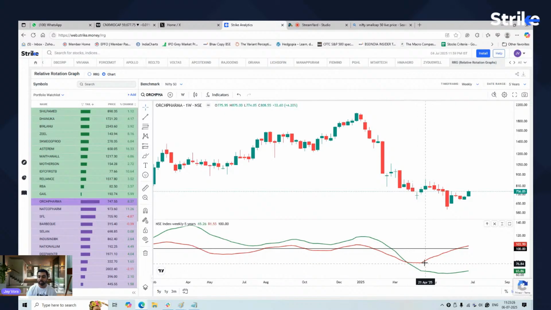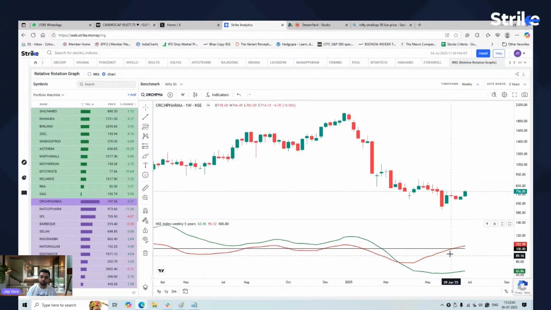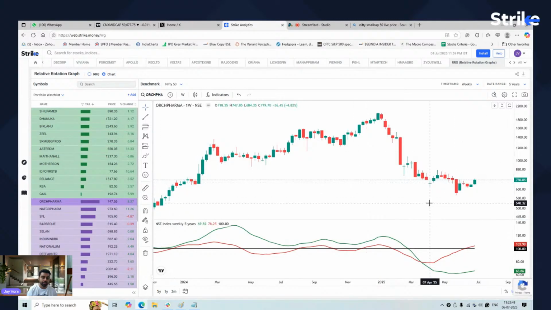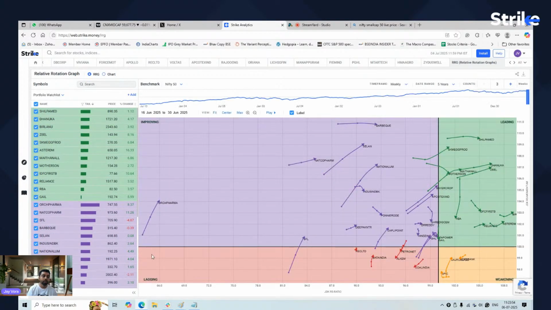You can see that the momentum has started turning around over here, and there is some positive divergence as well. Despite the fall, the momentum is rising, which means the pace of the decline is halting, right? And now you can see that some bit of outperformance from the RS is also happening. So maybe this can end up being something very interesting that you might want to look at, also because it is way on the left hand side.